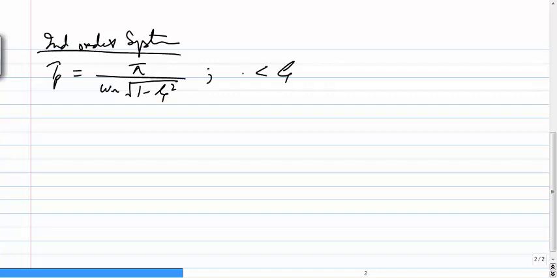Then we have the second order system. We discussed peak time, that is equal to pi divided by omega n under root 1 minus zeta square, and this is only possible when zeta is between 0 and 1. Now the next formula is the overshoot.